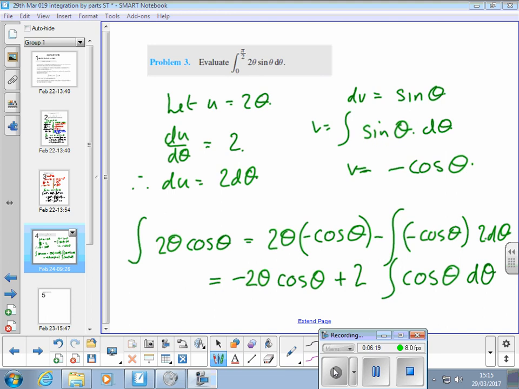Just taken the 2 constants out. A constant of 2 and a constant of minus 1 has come outside, and therefore change that sign. Does everybody see that? Yep.